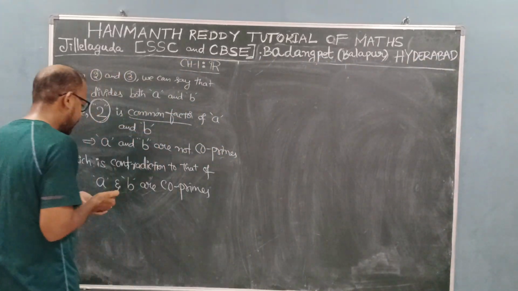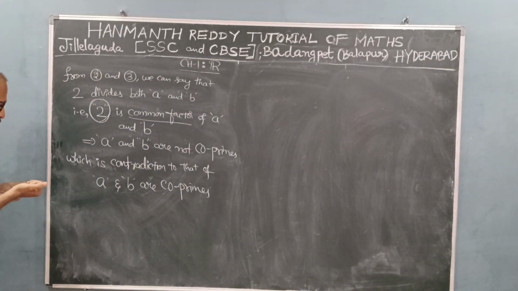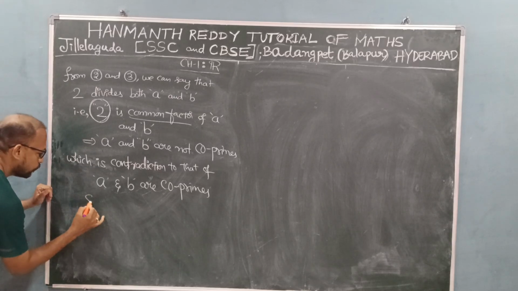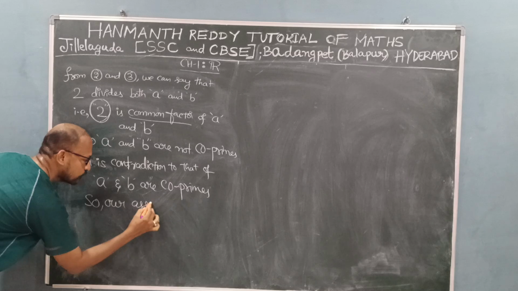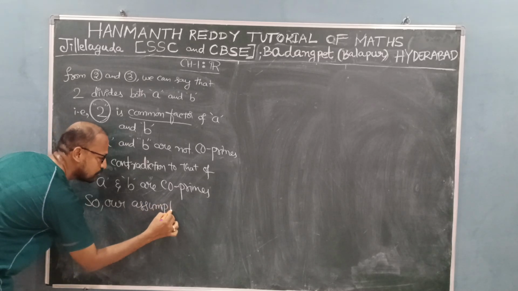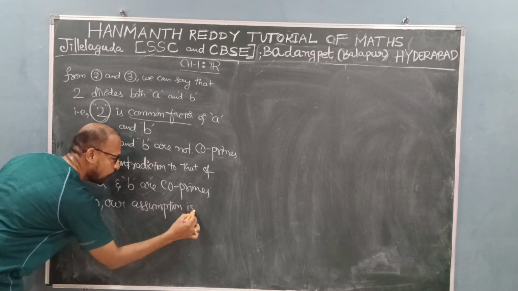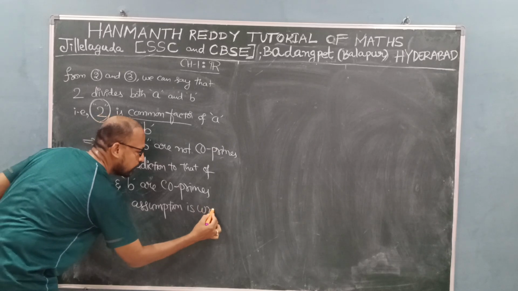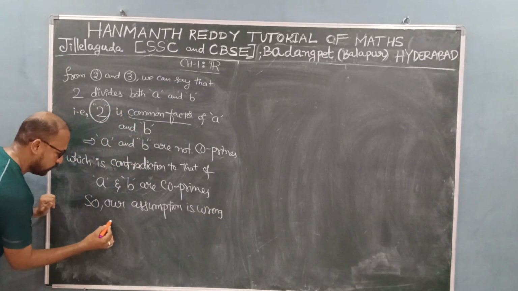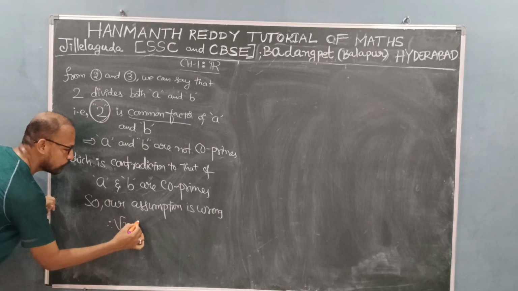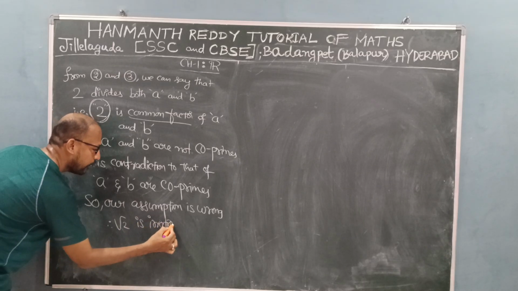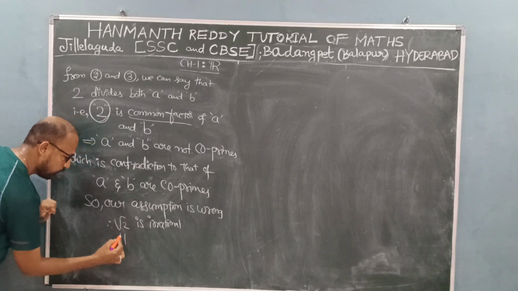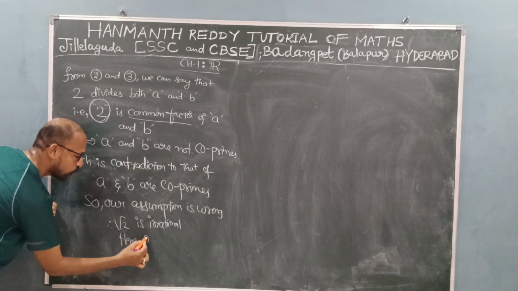So now I can write: our assumption is wrong. Therefore root 2 is irrational. Hence proved. In this way you have to prove this theorem.